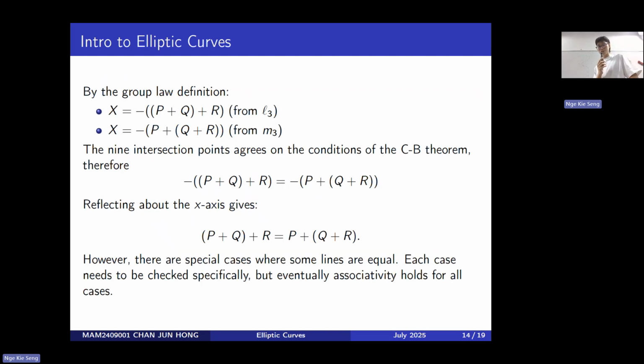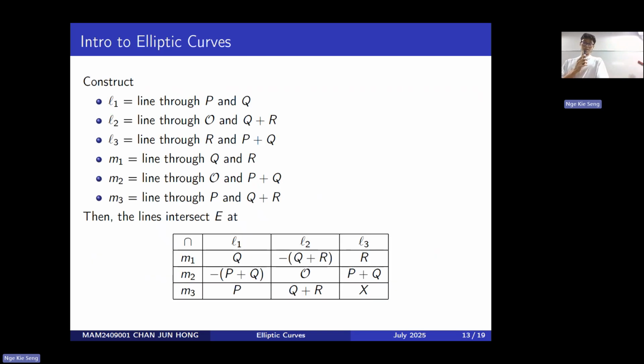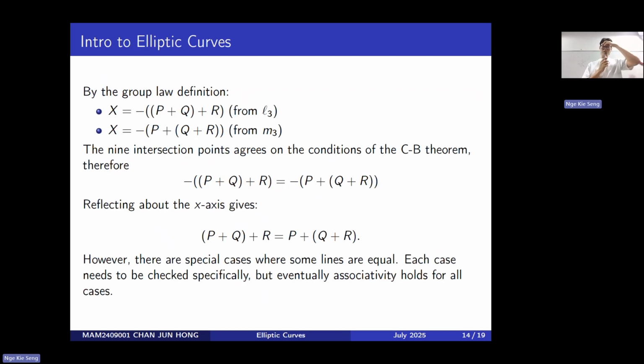So by the group law definition previously, because it intersects from L3 and also from M3, it will have 2 definitions. So from L3, it will be the negative of the bracket P plus Q equals Q plus R, and also from M3, you'll get P plus the bracket of Q plus R. So since the 9 intersection points agree on the conditions of the Cayley-Bacharach theorem, we can therefore conclude that they are equal, and then reflecting about the x-axis gives us the associativity that we wanted.